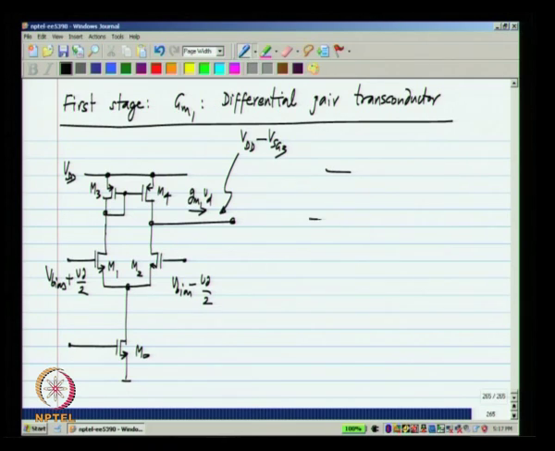Now, let us say you want to have a PMOS common source amplifier or a PMOS transconductor biased at some current I2, let us say. Then the gate needs to be biased at VDD minus VT minus VD sat corresponding to a current I2.